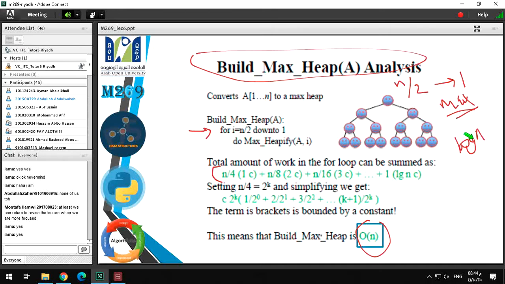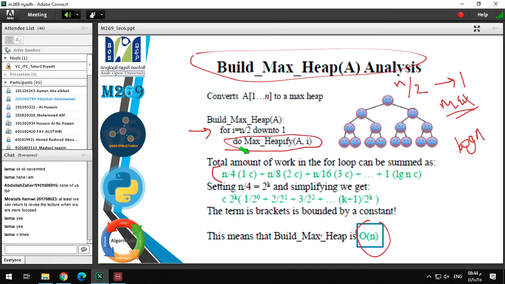And how many times does it have to be applied? Every time we call the function max-heapify, n times. But here, if you look at the example, we are starting from n divided by 2.